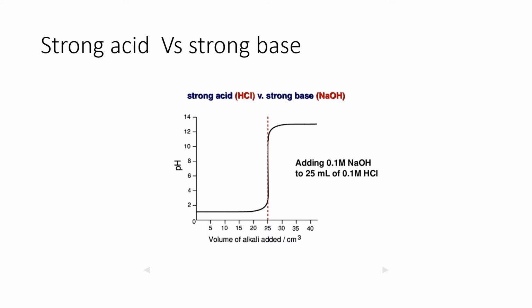So at pH 7 the reaction is completed. Now the solution is in a neutral state. After that, if you add 0.01 ml of solution, the pH changes to about 10, so the resultant solution is basic in nature.